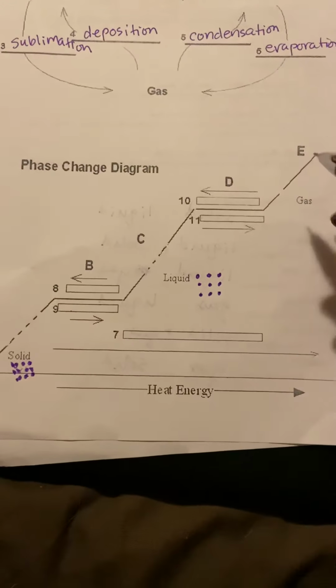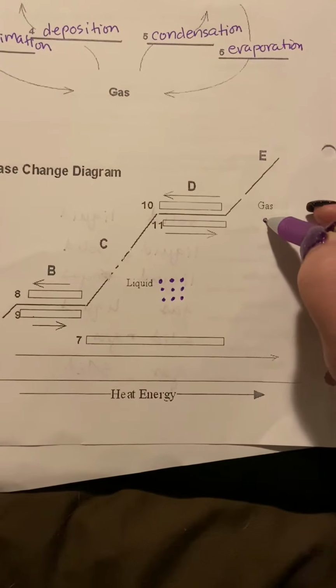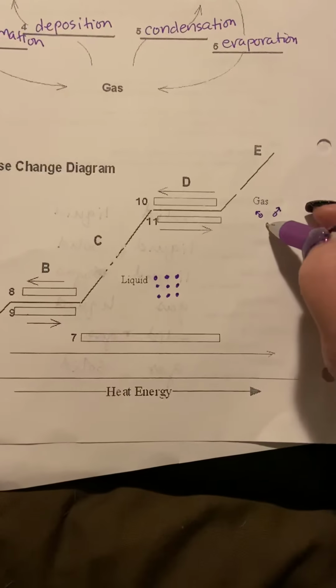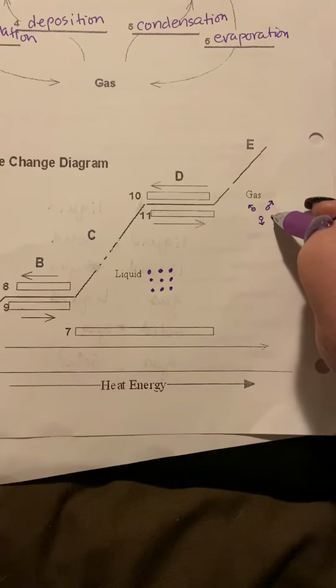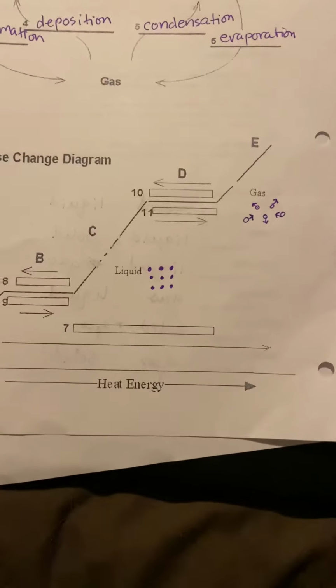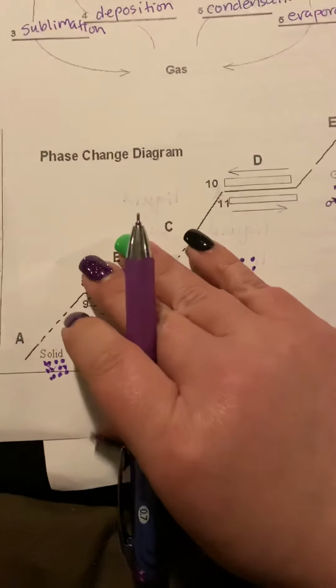And then when you get to a gas, they're going to be going in different directions and spread out, because they're bouncing off of each other. All right, so what do we fill in down here?